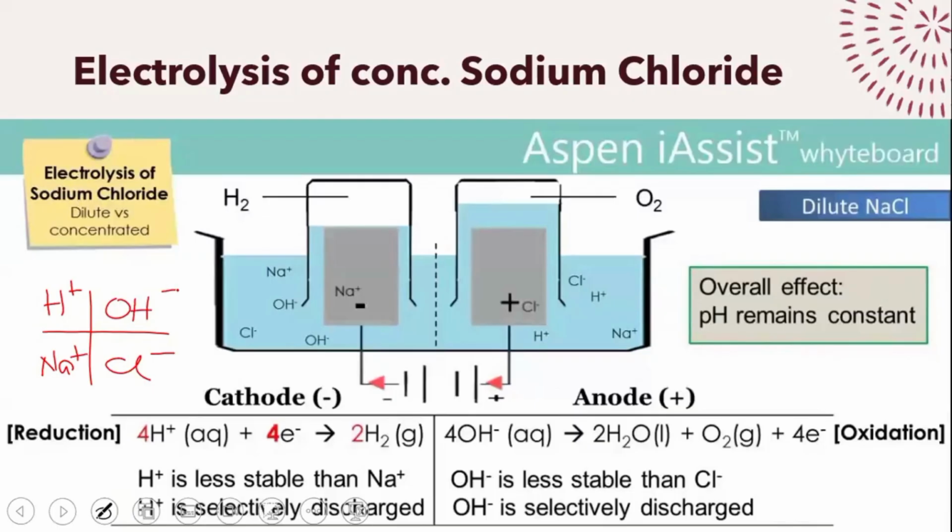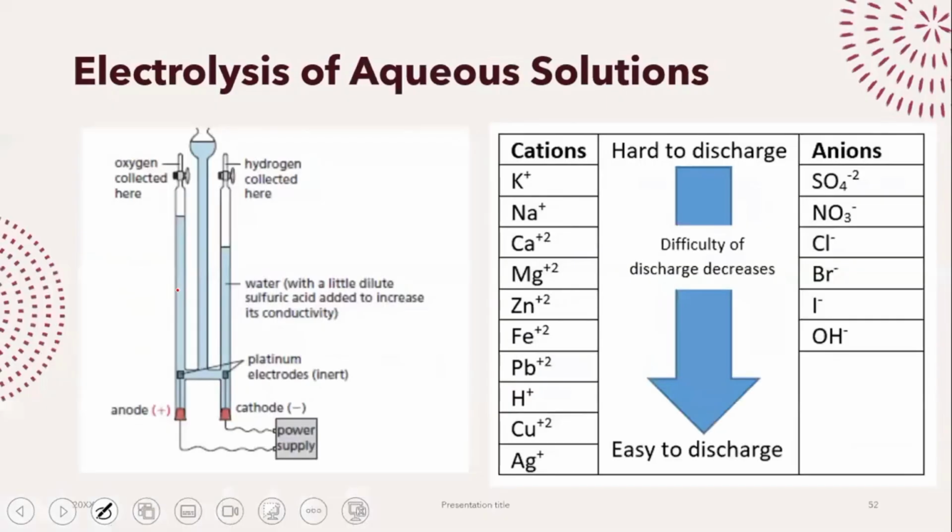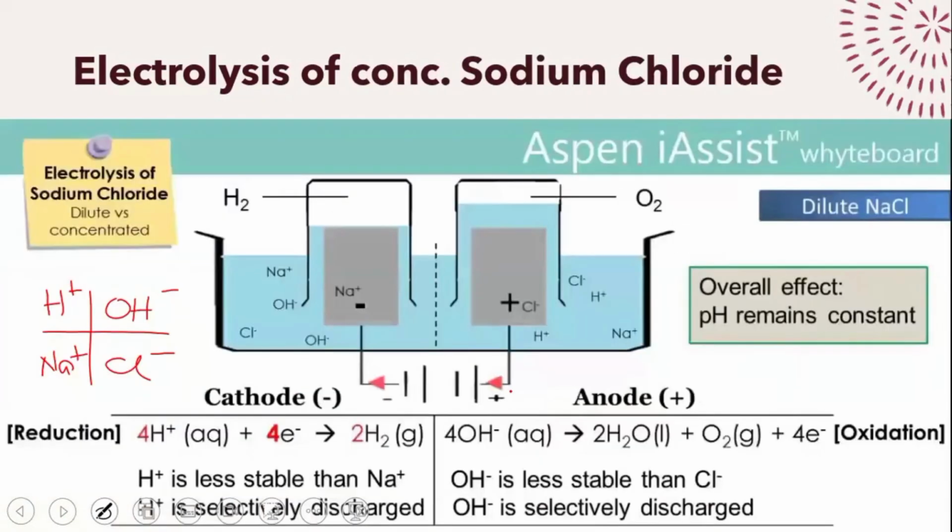Now, between sodium and hydrogen, which one is going to go to the cathode? You go back to your table. You will see who is lower in the table. So between sodium and hydrogen, hydrogen is lower in the table. So hydrogen is going to go to the cathode and hydrogen gas is going to be produced at the cathode.